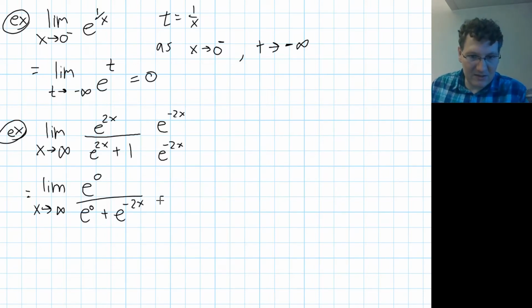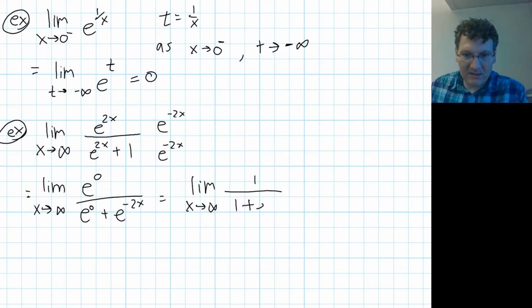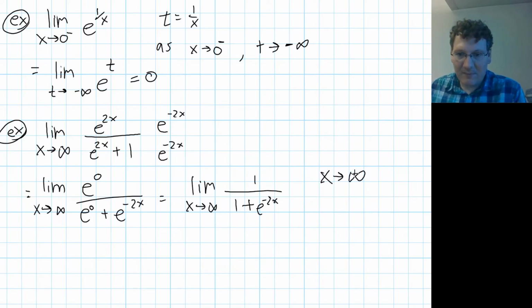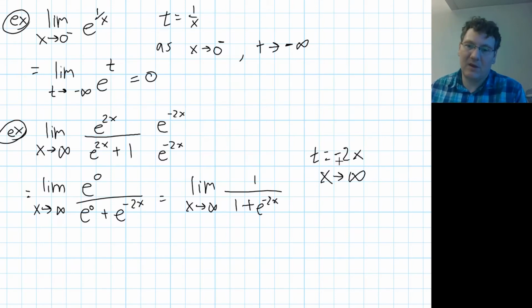Now this is actually just the limit as x goes to infinity of 1 over 1 plus e to the negative 2x. Now let's do another change of variables. As x goes to infinity, we're going to let t be negative 2x. As x is going to infinity, t is going to be approaching negative infinity, right?